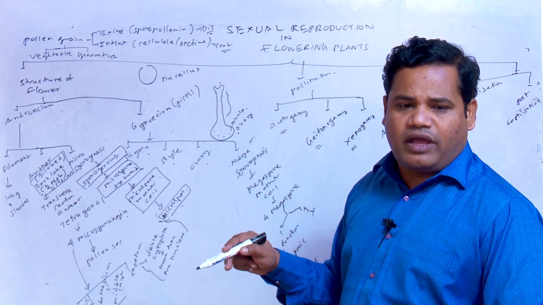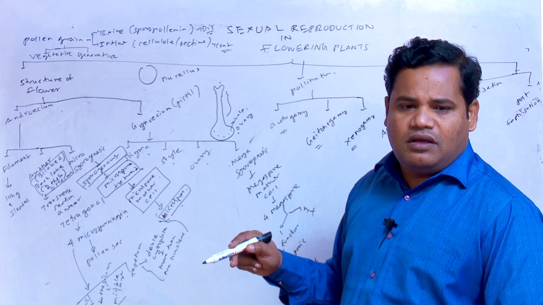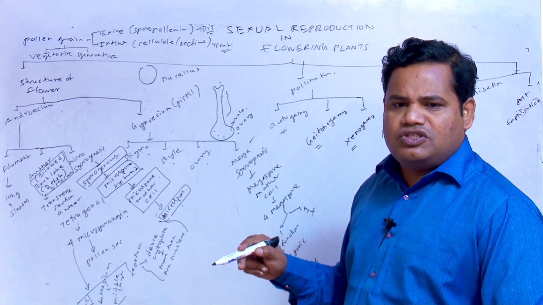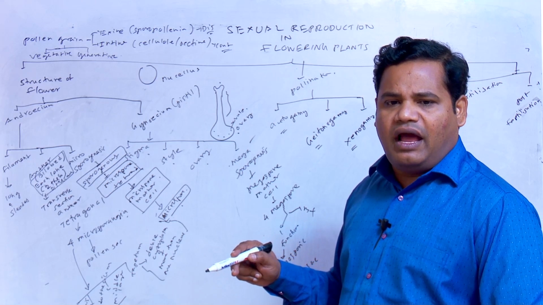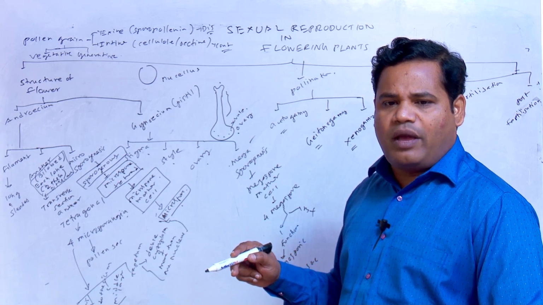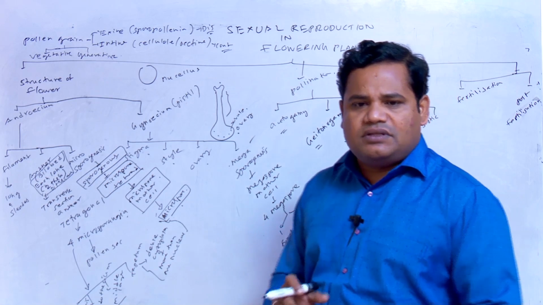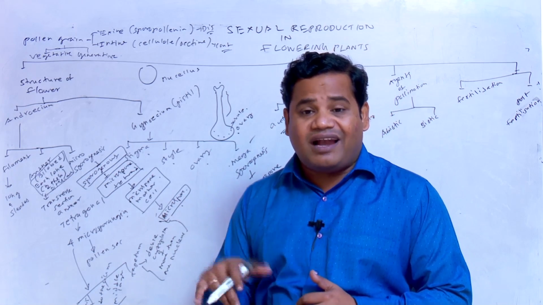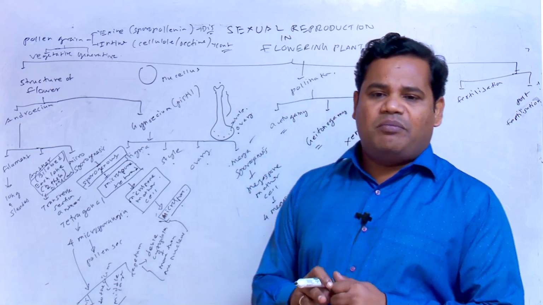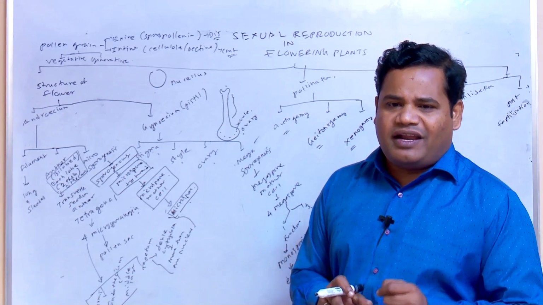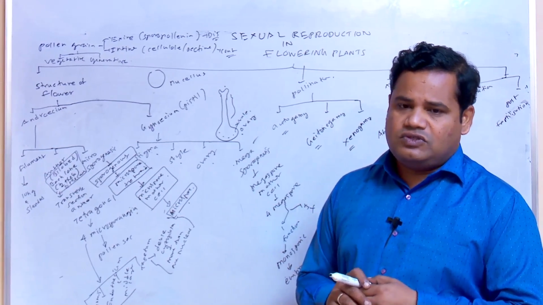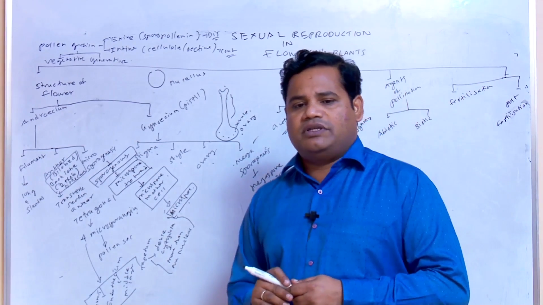In geitonogamy, the pollen grains transfer from the anther to the stigma of another flower. Xenogamy is the transfer of pollen grains from the anther to the stigma of a different plant. So that's all about this topic today.